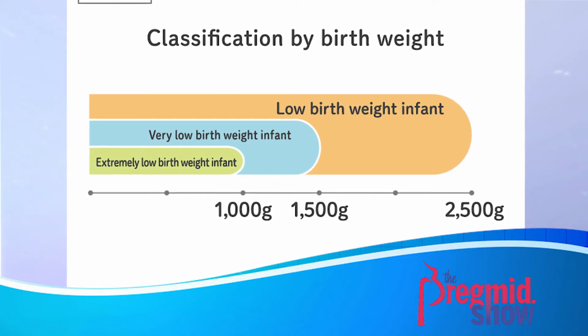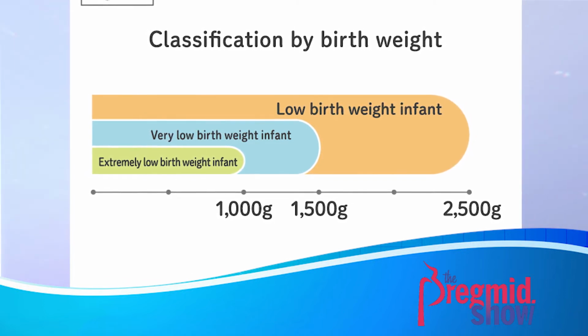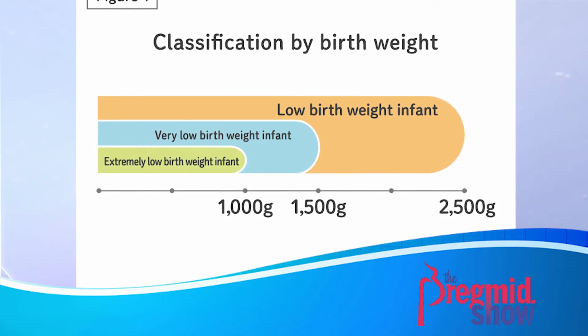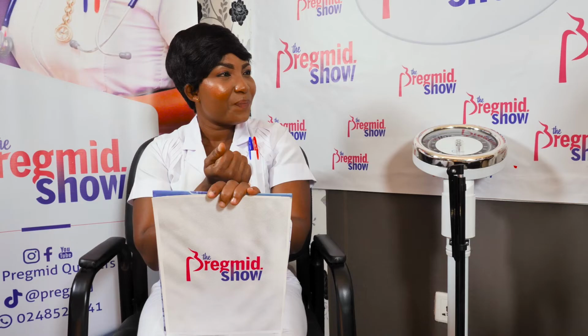And extremely low is birth weight below 1 kg. That is extremely low birth weight. So with the weights that you have mentioned, a baby with 1.0 and then 1.5, when you deliver such a baby, what do you do?